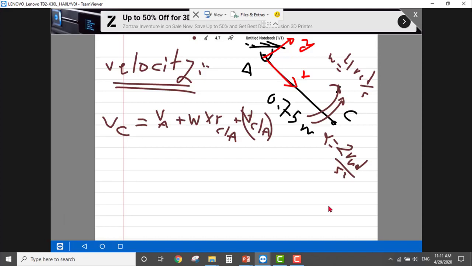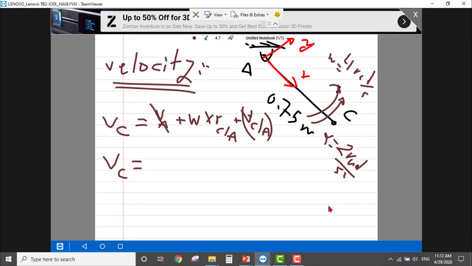I will not write anything for BC. I suppose that you will not be able to find it. Velocity for point A is equal to 0 because this is a fixed point. So omega for this link is given and it is counterclockwise, so we'll assume that counterclockwise is positive.